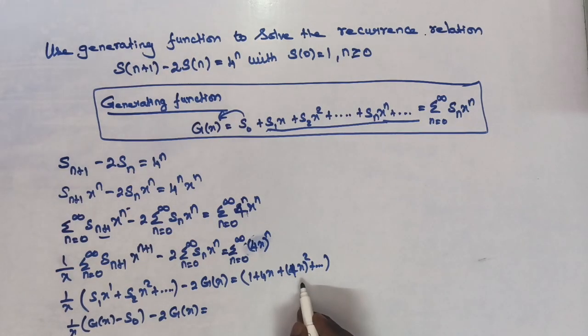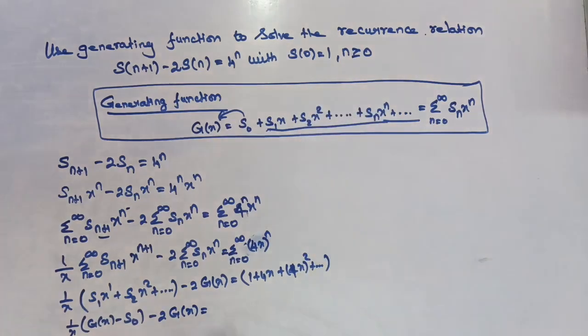You can apply the binomial formula. We know the binomial formula, I will write it here. The binomial formula is 1 plus x plus x square up to etc. is equal to 1 minus x whole inverse.